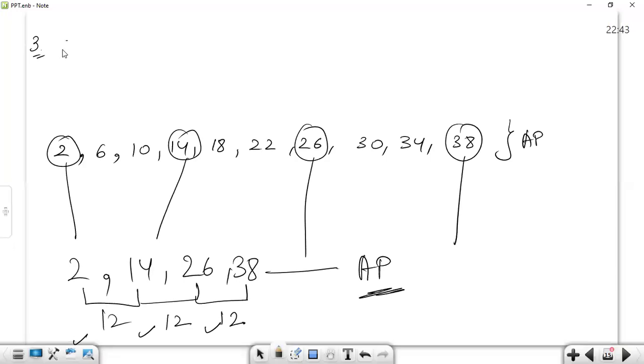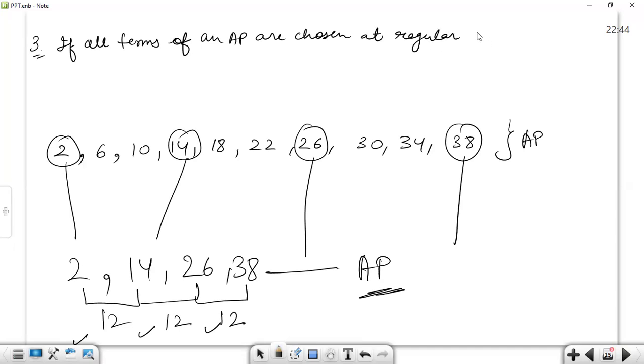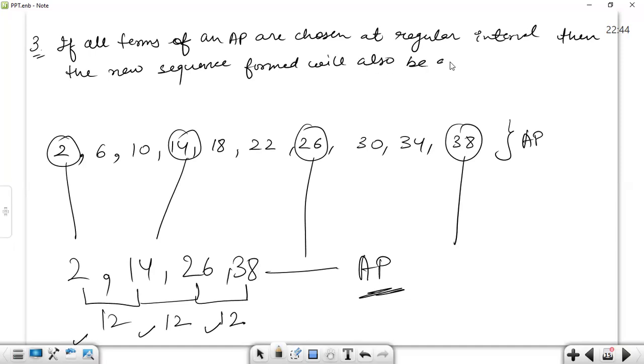Let me write it also. If all terms of an AP are chosen at regular interval, then the new sequence formed will also be an AP.